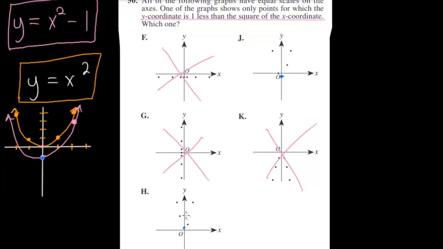And since this crossing of the y-axis is a +1, we know this is impossible. And you could verify this, since it does cross at this -1, and it does follow that same basic pattern of a quadratic. So in the end, this choice, letter J, would be the final answer.